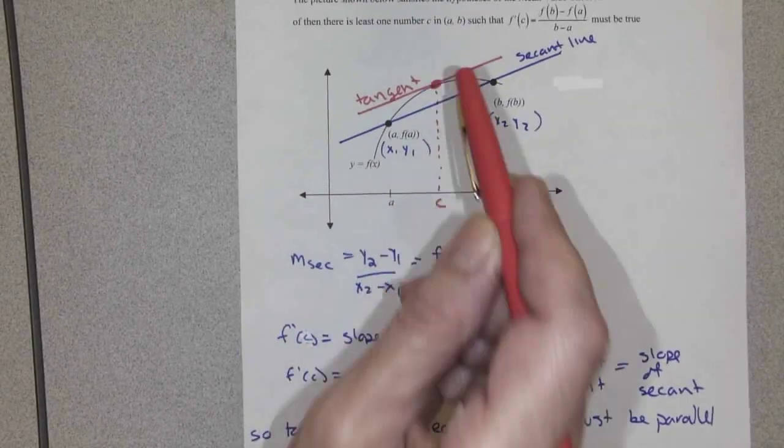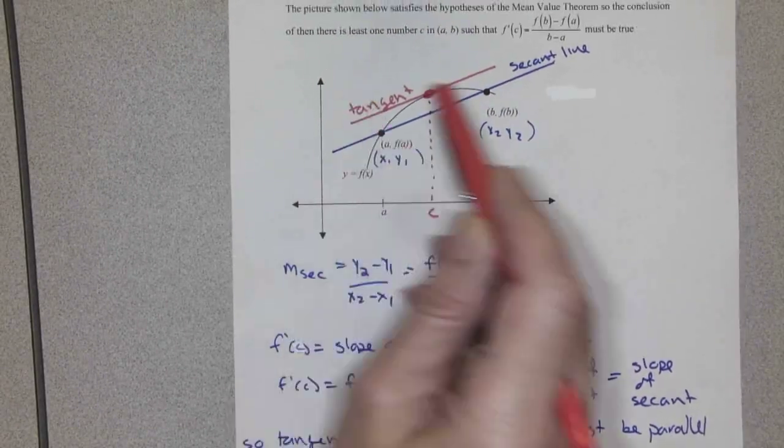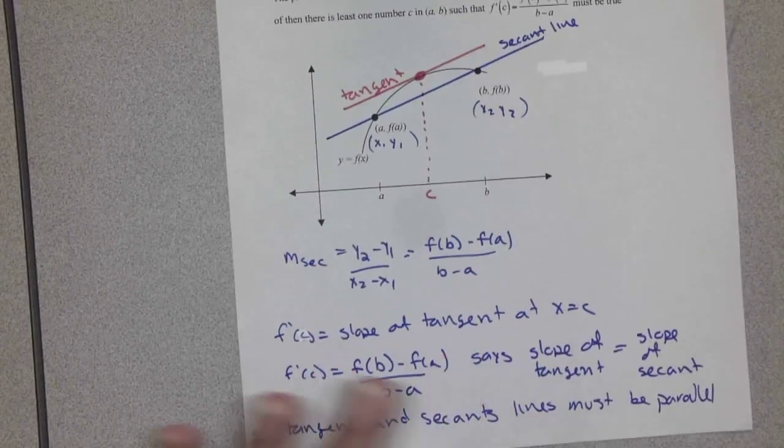You will always be able to find this number c, where the tangent line will be parallel to the secant line. That's what it's saying visually.